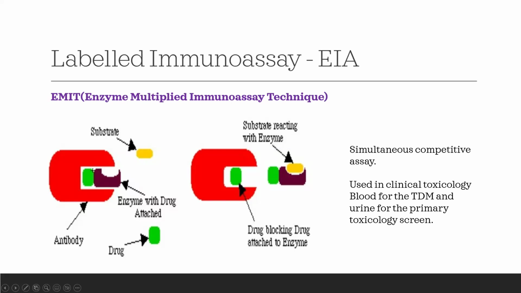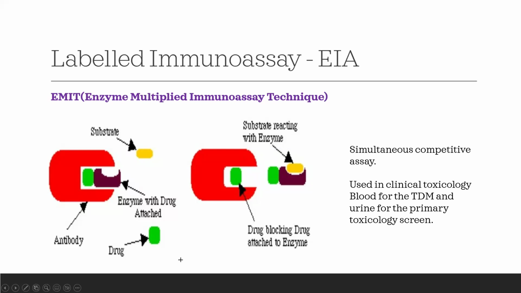If the antibody binds to the drug enzyme conjugate, the conjugate will not be able to bind with the substrate, and then it will not be able to give the signal. Although it's a competitive assay, interestingly, the concentration of the drug that we want to test is in positive relation to the signal generated.